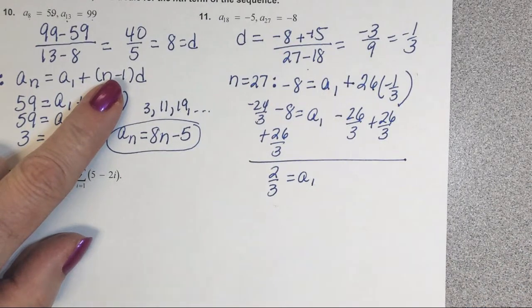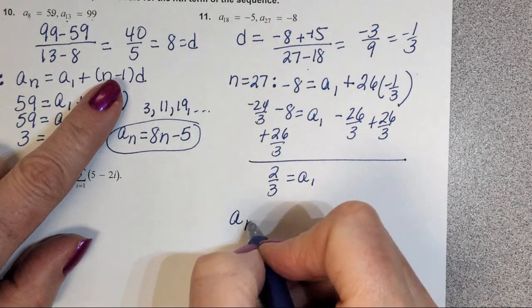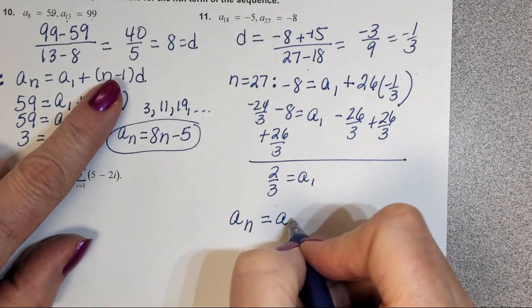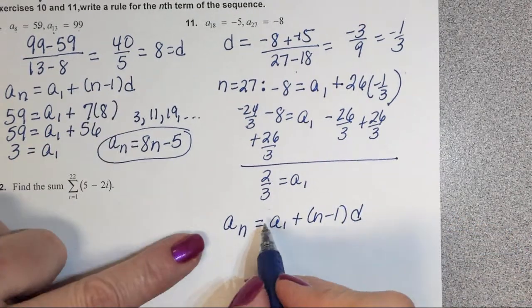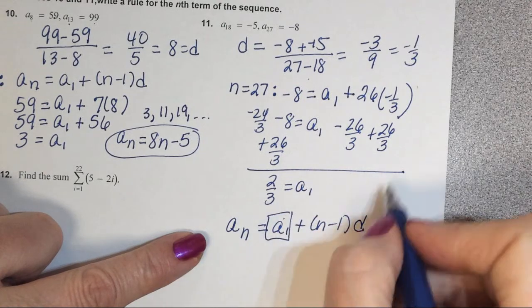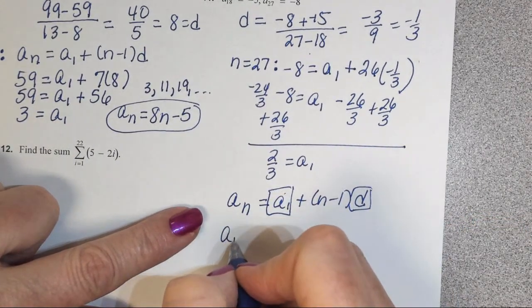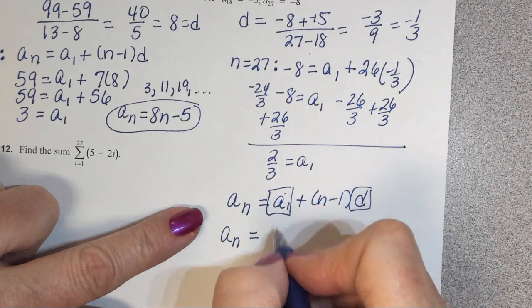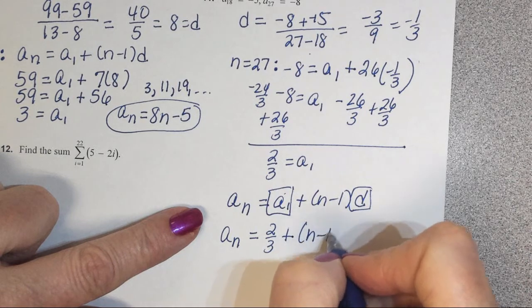Okay, now I told you I'm going to do this one the other way. So now to come up with my formula, I'm going back. I'm doing a sub n equals a sub 1 plus n minus 1 times d. Now I'm going to substitute in here and here so I can come up with the formula. So a sub n for any n is going to be a sub 1 plus n minus 1.